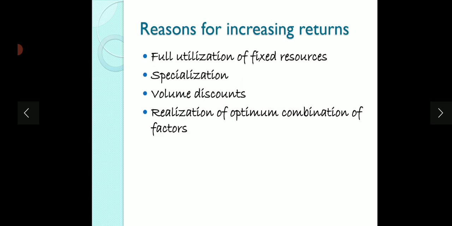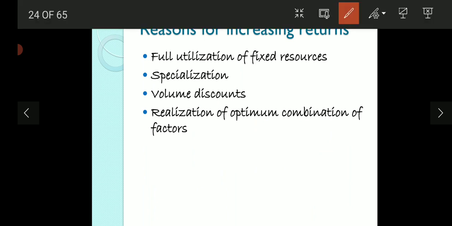And then last we have, what are the reasons of increasing returns? Why initially do we get increasing returns? Because number one, the fixed factor is being utilized. As we saw in the example, the machine was very, very heavy. Initially 1 unit or 2 units of labor were just not able to use the machine completely. So in the first stage, when we increase labor, the machine is getting utilized.